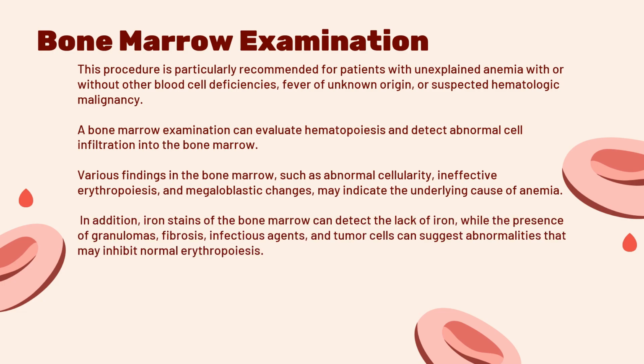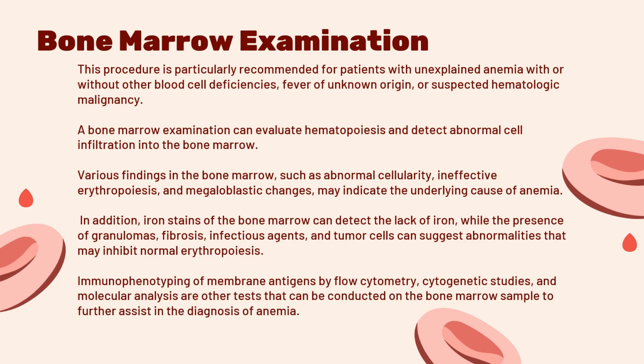In addition, iron stains of the bone marrow can detect the lack of iron, while the presence of granulomas, fibrosis, infectious agents, and tumor cells can suggest abnormalities that may inhibit normal erythropoiesis. Immunophenotyping of membrane antigens by flow cytometry, cytogenetic studies, and molecular analysis are other tests that can be conducted on the bone marrow sample to further assist in the diagnosis of anemia.